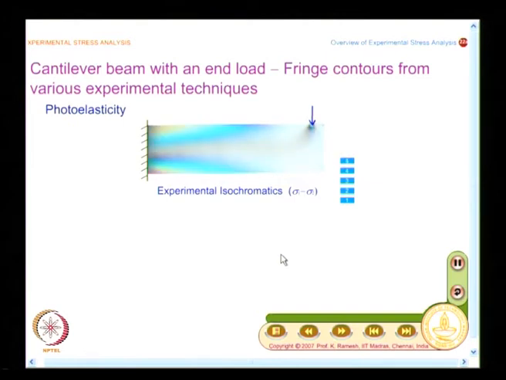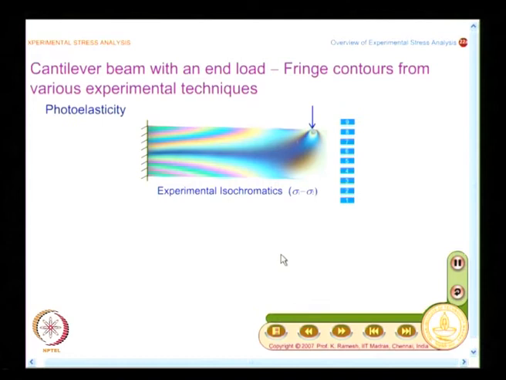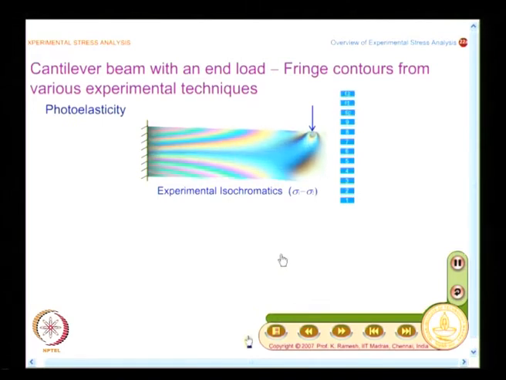photoelasticity, and you all know that it gives you contours of sigma 1 minus sigma 2, and these contours you would not be able to calculate right in the class. It is better that you have computer software to evaluate it and also have a post processing where you can go and plot it.